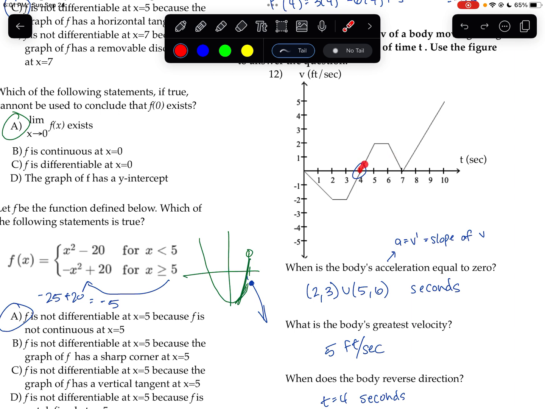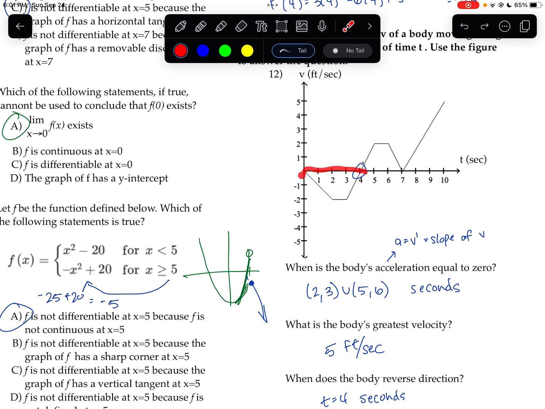So here, it speeds up to 2 feet per second, then it slows down to 1 foot per second, and down to 0. So it's probably stopped right here. So it's moving forward, and stops, but then continues moving forward. So this is not a moment of changing direction. All of this portion, since velocity is positive, it's moving forward.